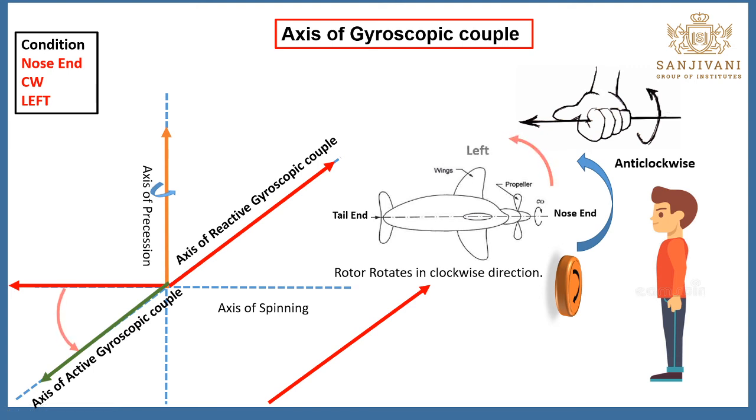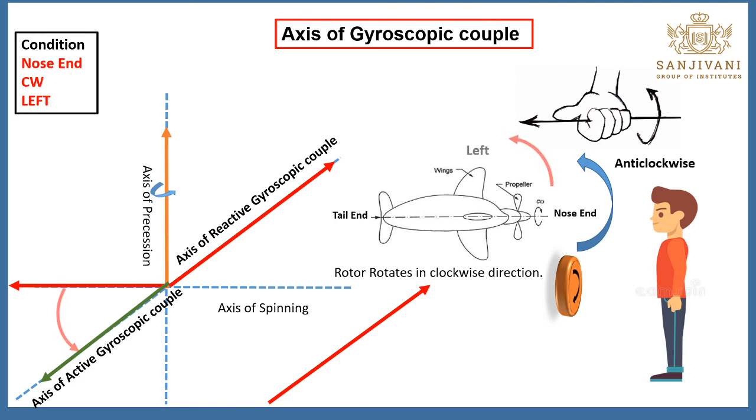reactive gyroscopic couple. Here you will find the active gyroscopic couple, and you have to just take the opposite of that active gyroscopic couple. You will find the orientation of this new reactive gyroscopic couple, and you need to orient your right hand again in the same direction, which is perpendicular to the plane of your mobile or your screen.